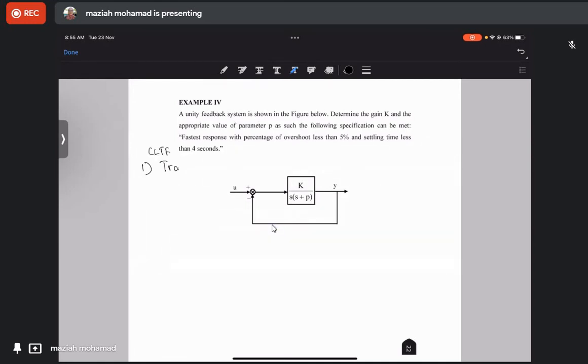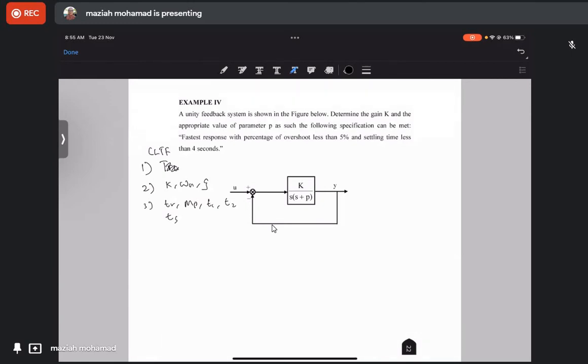Then from this closed loop transfer function, you determine K, omega n, zeta. And then you'll be able to calculate TR, MP, T1, T2, TS, settling time.